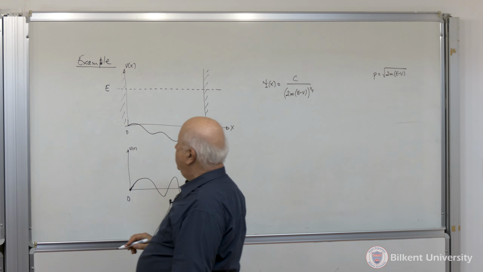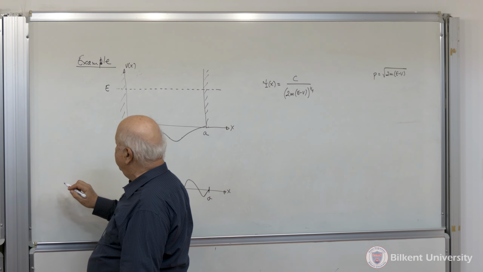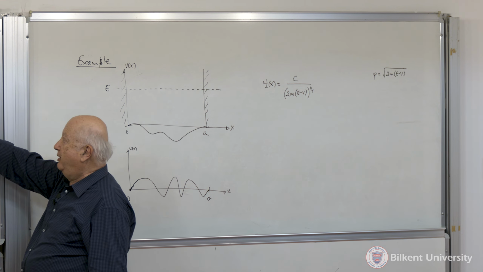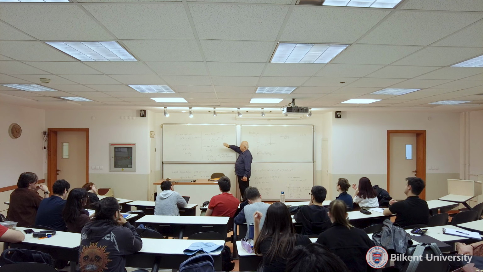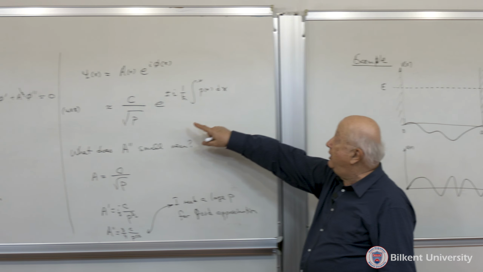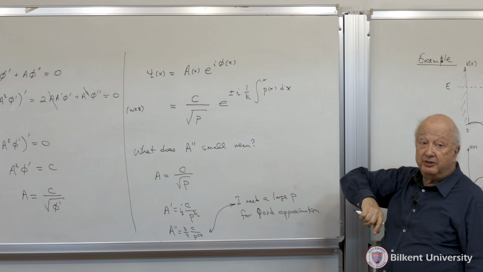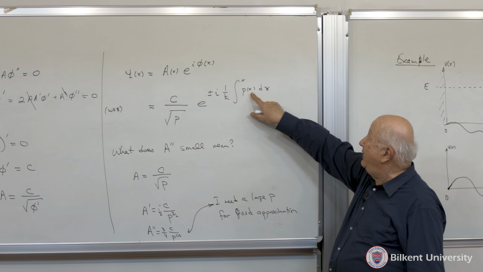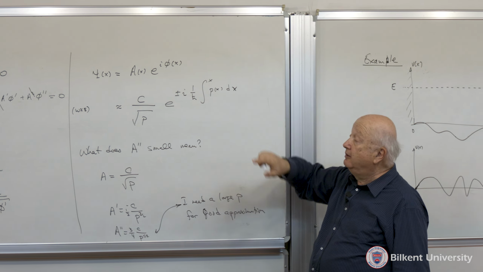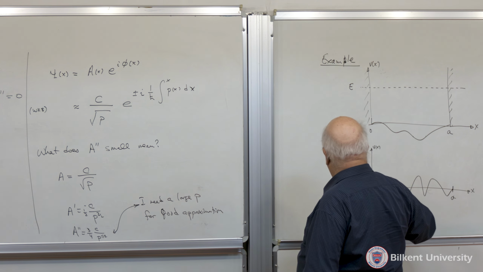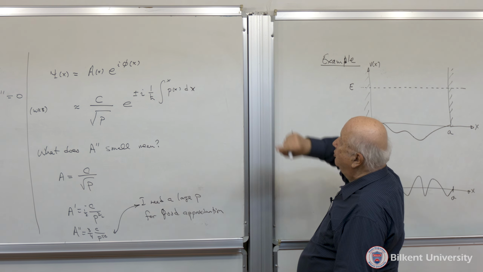Let's look at how this behaves in the exponent. It's e to the i, 1 over h bar, those are just constants, and I have p of x times dx being integrated, in this case from 0 to x.